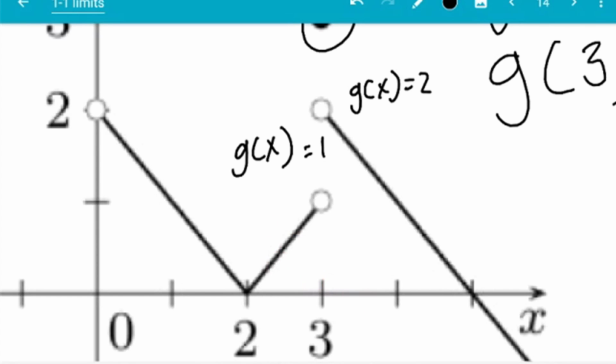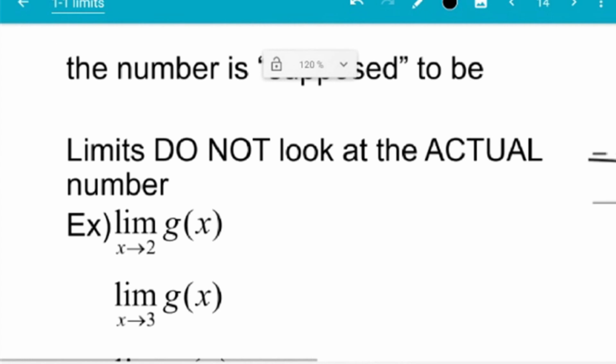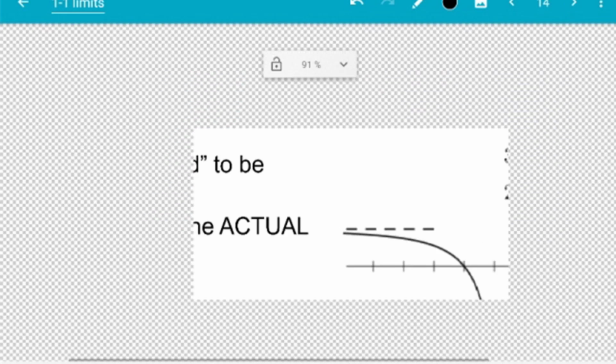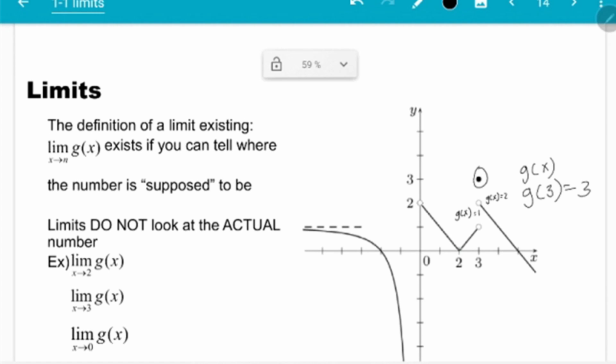So for example, if I were to read this over here, it says find the limit as x approaches 2 of g of x. Now looking over here, we're seeing what happens as I get closer and closer to 2. As I get closer and closer to 2 from this side, I'm getting closer and closer to 0.